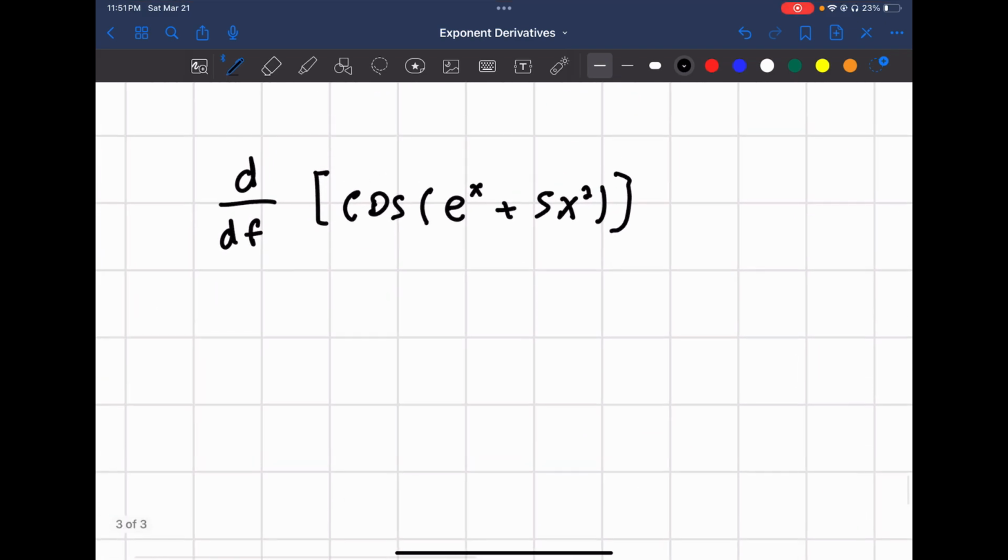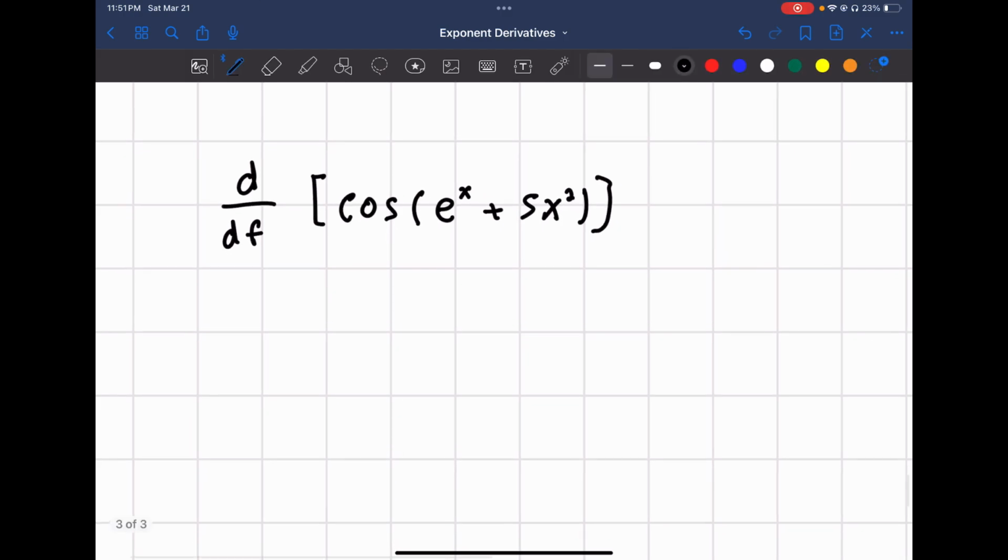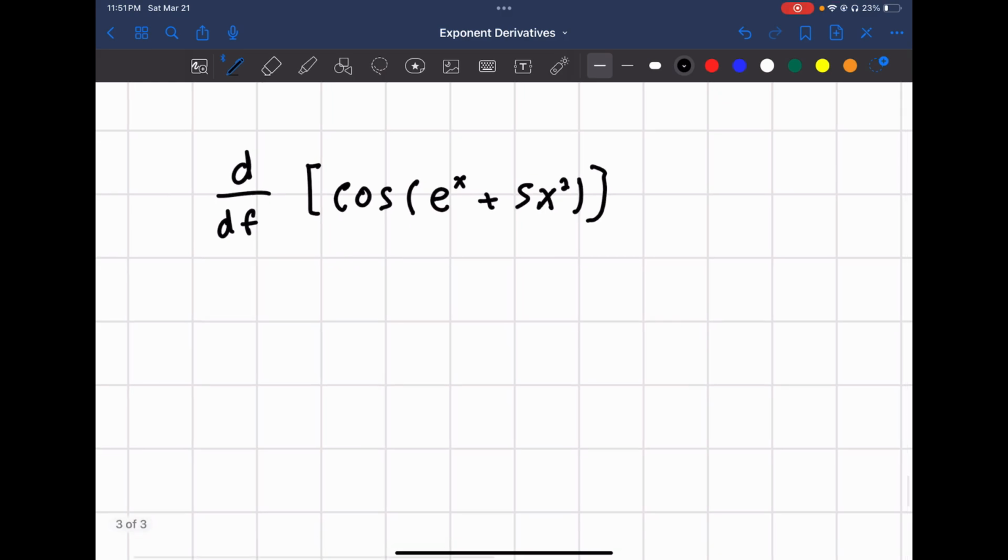In our next example, we have cosine of e to the power of x plus 5 times x to the power of 2. So let me just rewrite cos. If you remember, we would have to apply the cosine derivative formula.